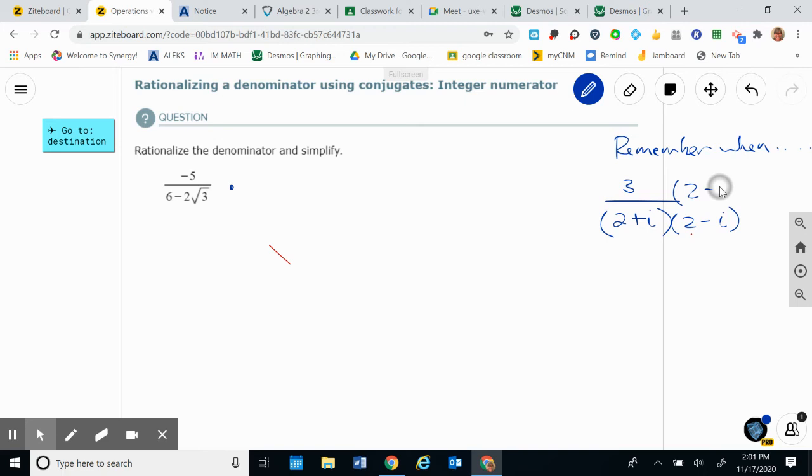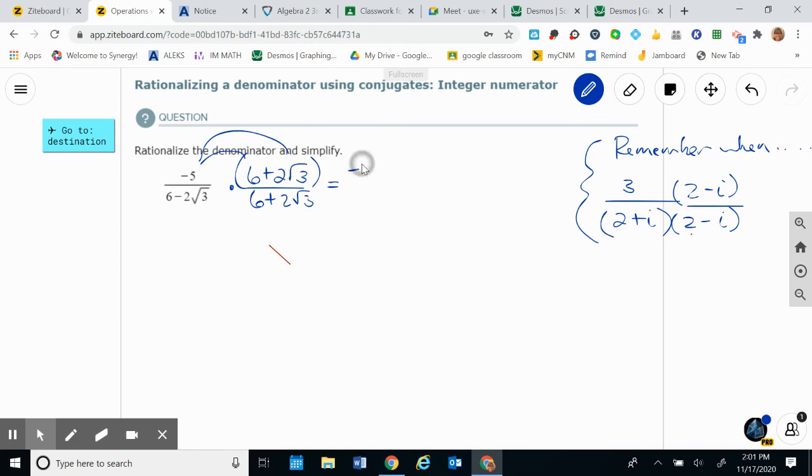But we had to do it on both the numerator and the denominator. This is very much the same. All we do is multiply by its conjugate, which is this. But if you do it on the bottom, you must do it on the top because it's just that weird form of 1. Now I'm going to have to distribute.